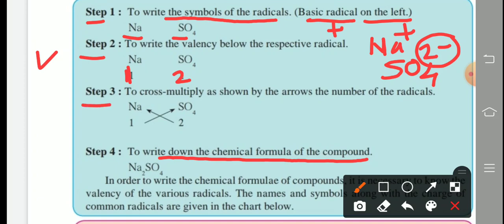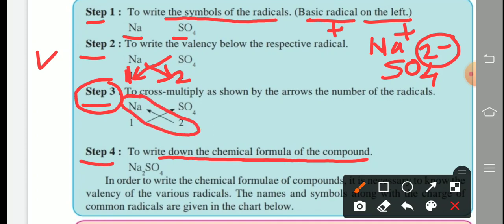In the third step, cross multiply the valencies as shown by the arrows. So Na 2 and SO4 only 1. We write this cross multiplication in the third step, and in the fourth step we write the formula of the given compound, that is sodium sulfate. How many sodium atoms are required?